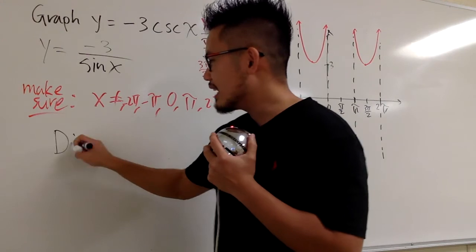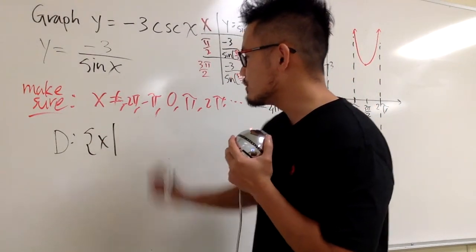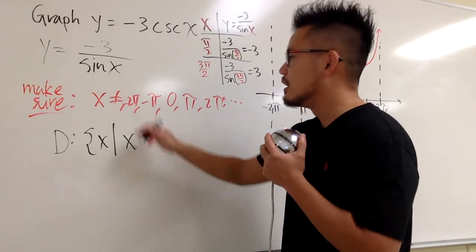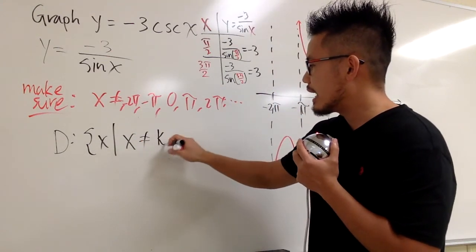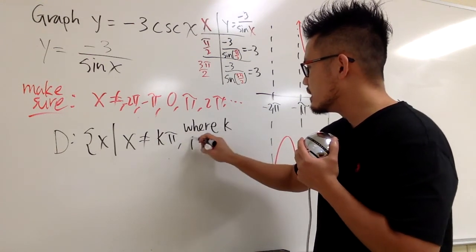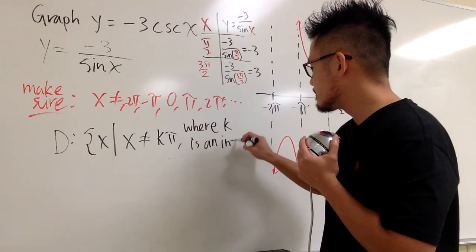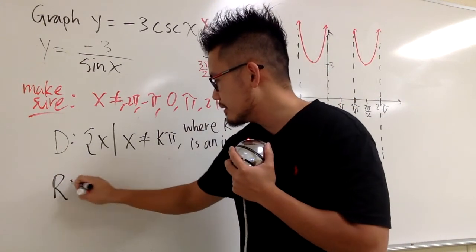At the end, the last touch is to write down the domain and the range. Domain is the set of all the x values such that x cannot be a multiple of pi. So we could write down x cannot be k pi, where k is an integer. How about the range now?